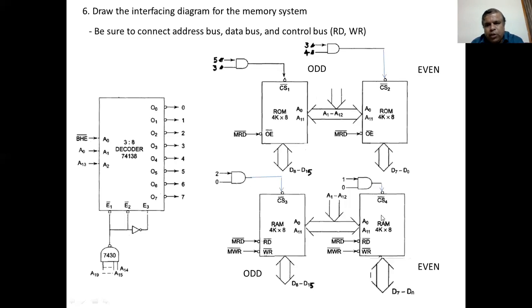This fourth RAM is selected. See here 1, and the output of this AND gate is connected to the chip select signal. So this RAM chip is selected, so then a byte transfer happens in this even bank.